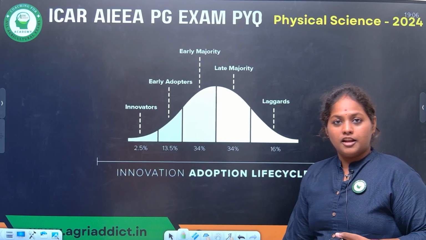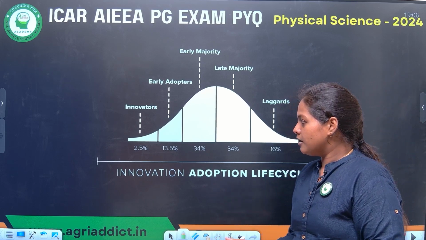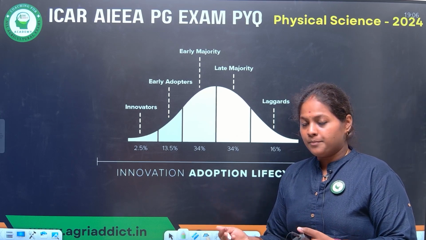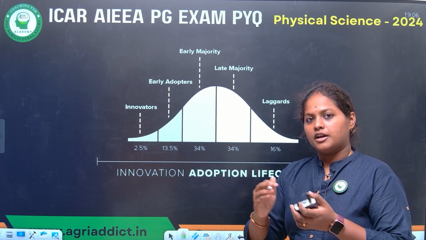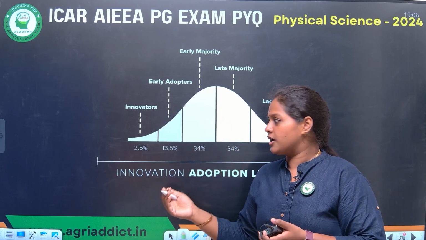This is another probable question that can be asked from this adoption classification. Out of the total people present, how much percent are innovators, how much percent are laggards, and how much percent are the other categories?